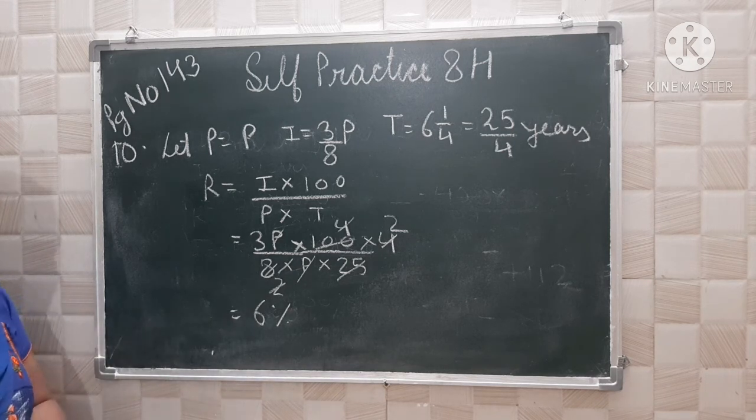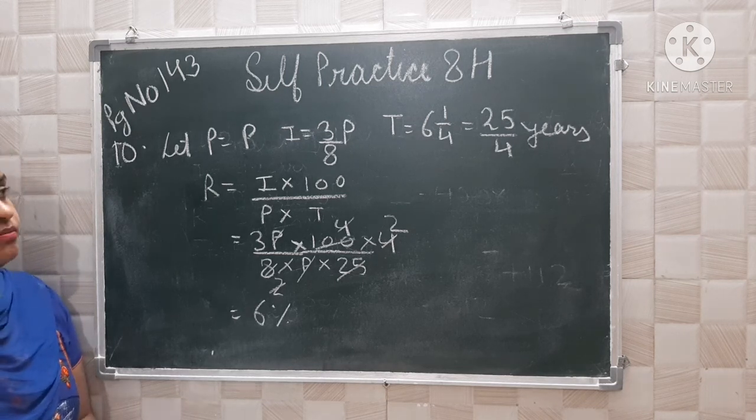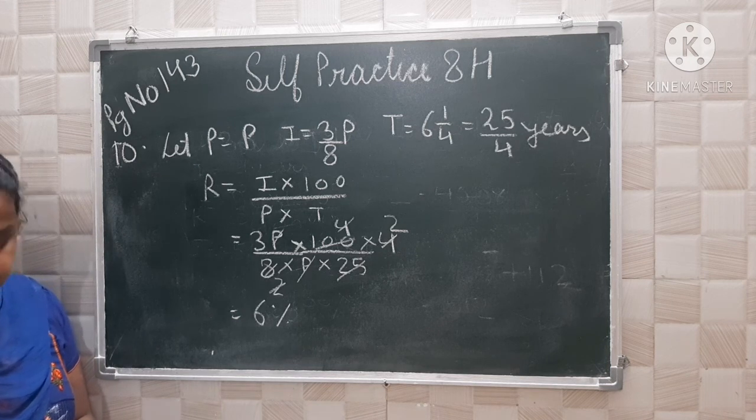6%. Once more, let principal be P. The interest is 3 by 8 of the sum. So that will become 3 by 8 P. Time is given as 6 1 by 4 years means 25 by 4 years and I into 100. Okay.